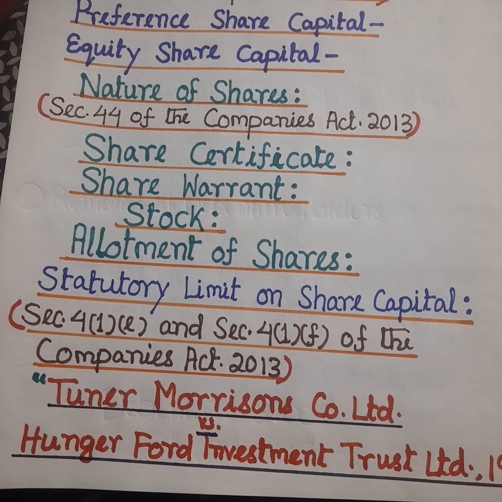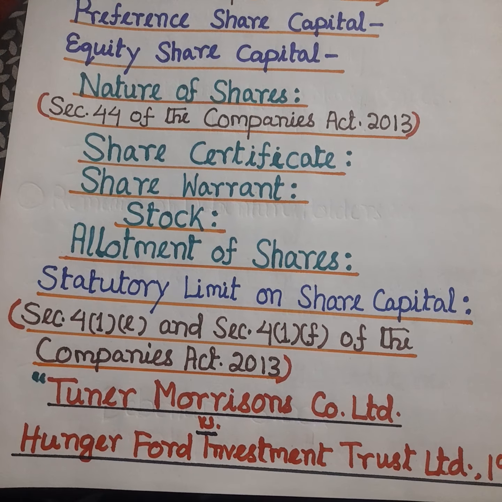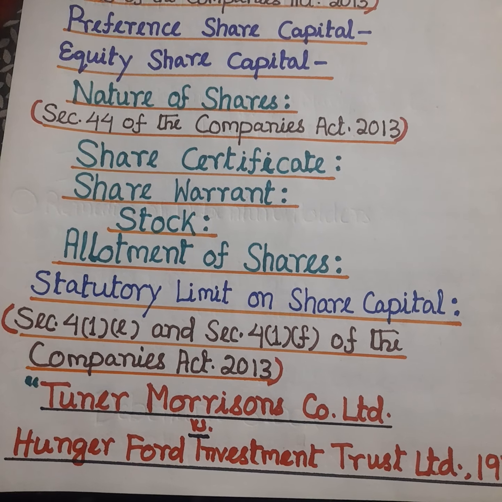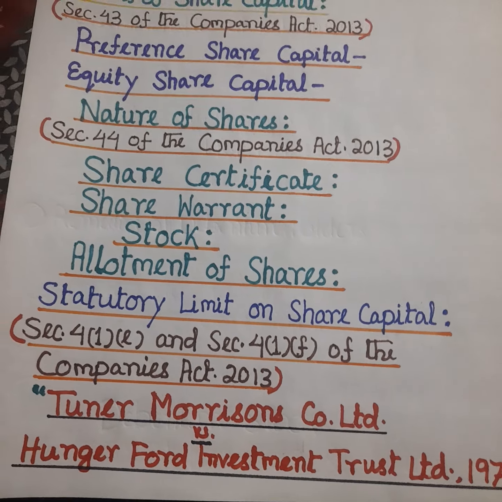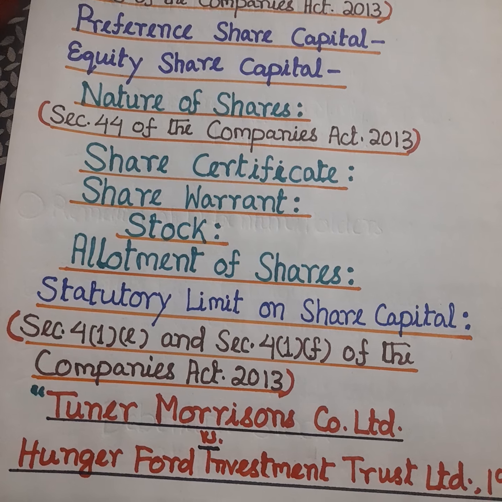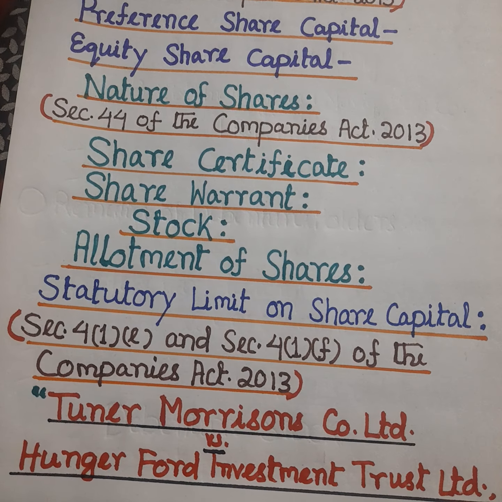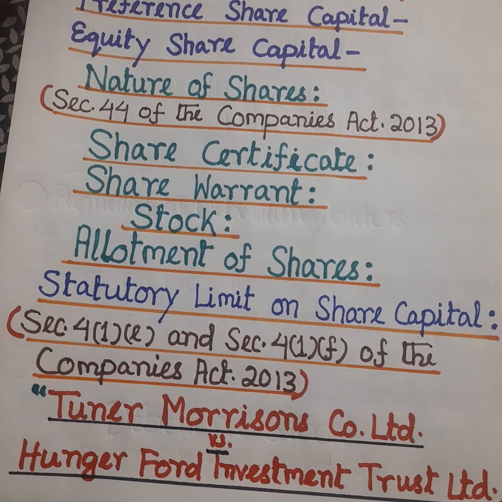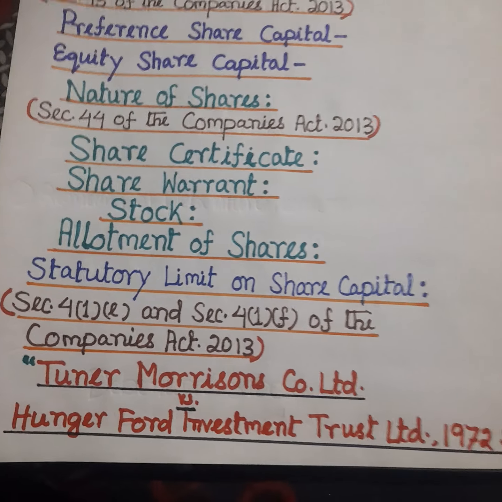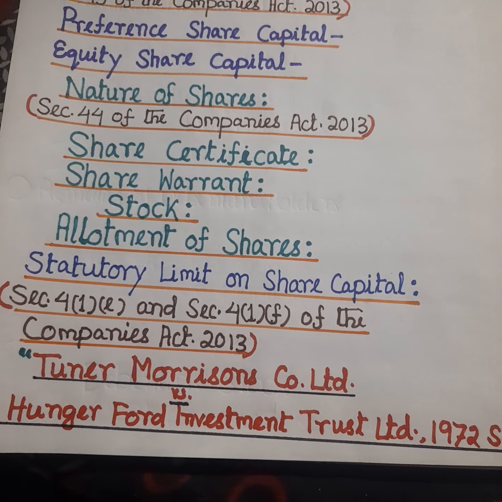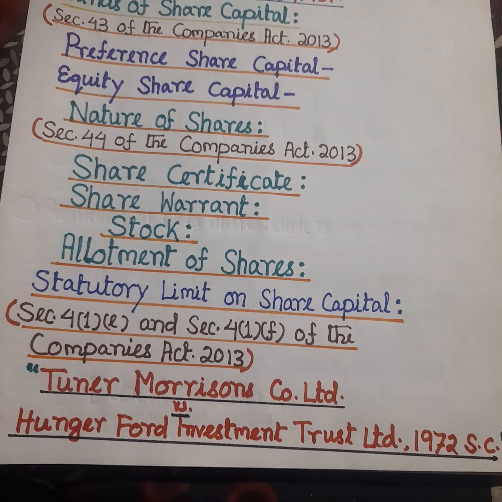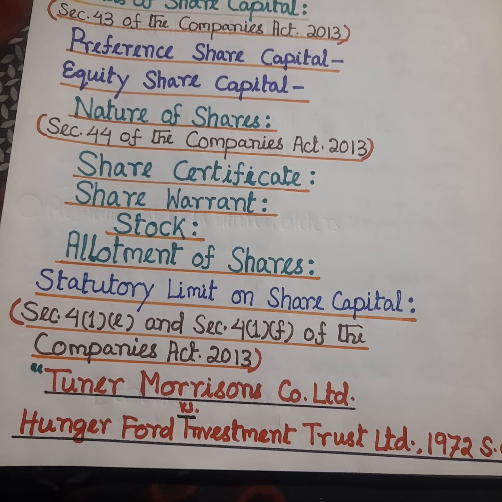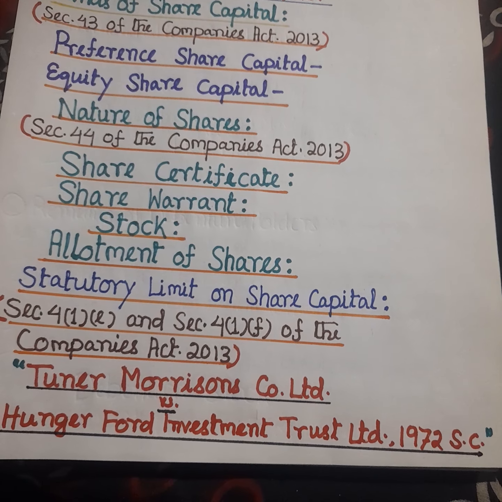We have defined what exactly a share warrant is and what stock is, and the provisions relating to allotment of shares, and also the statutory limit on share capital as provided under Section 4, Subsection 1, Clause E and Clause F of the Companies Act 2013, and the important 1972 decision delivered by the Supreme Court in Tuna Mauritian Company Limited versus Hunger Food Investment Trust Limited.